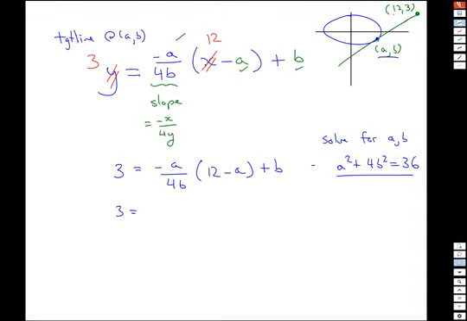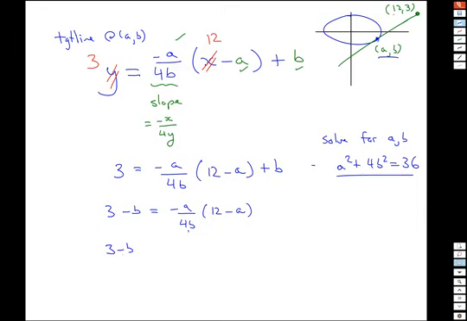Let's try this first. Just try expanding stuff. Actually, yeah. Let's go this way. I'm going to bring the b to the other side. 3 minus b is minus a over 4b times 12 minus a. So this is trial and error, honestly. Like, how can you tidy this equation up? I just hate denominators when we're doing this kind of solving. So let's multiply this up.